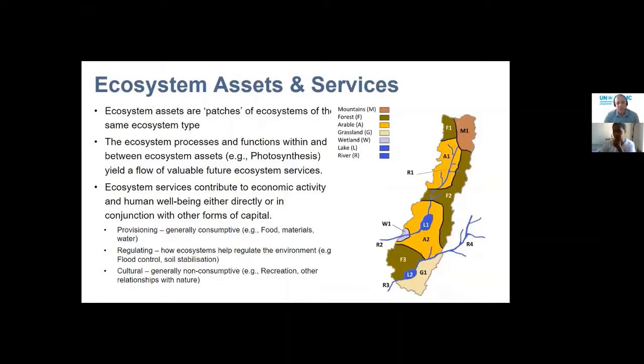So here we're trying to get to some kind of representation of what we want to do in the steps for the natural capital assessment. So you can see here on this map that we have these ecosystem assets essentially as patches of the same ecosystem type. And so within these ecosystem assets, we have these processes and functions, and then we have interactions also between the ecosystem assets.